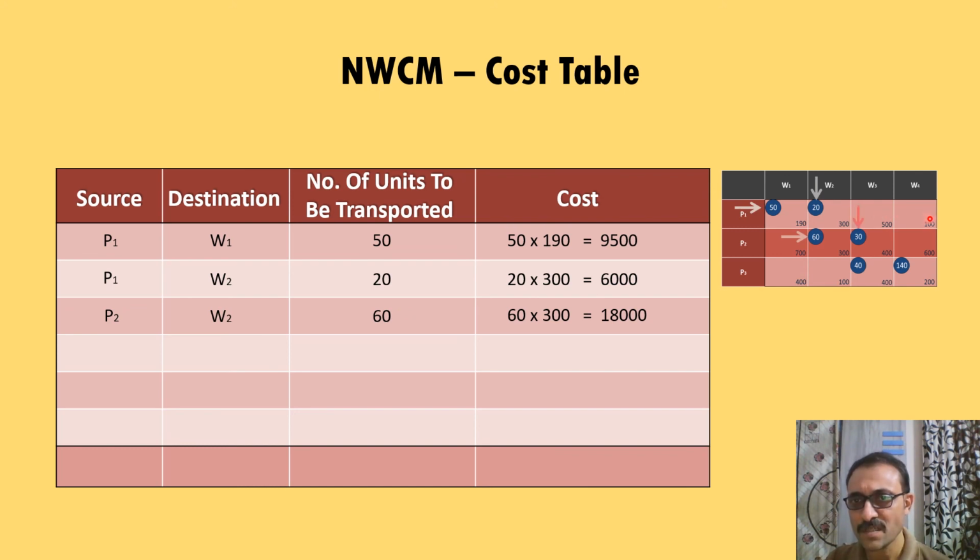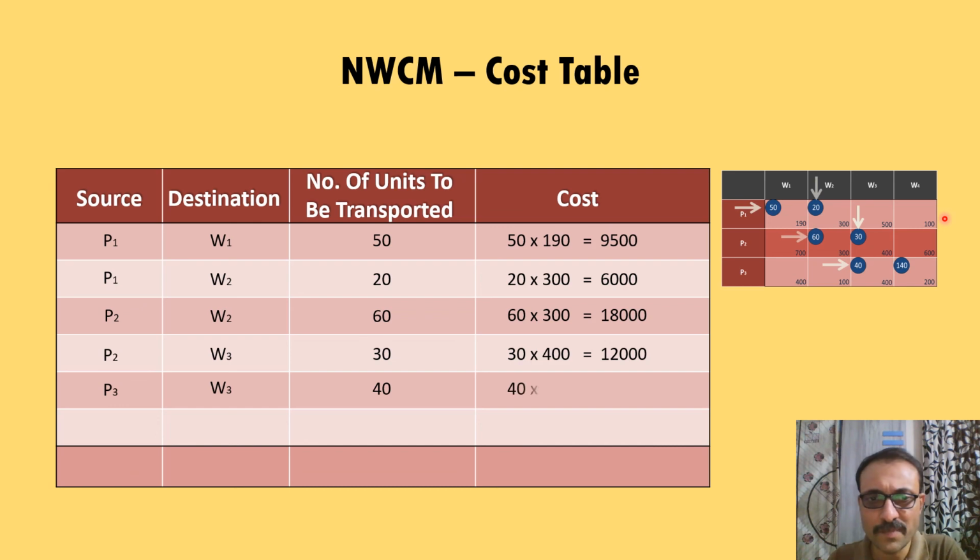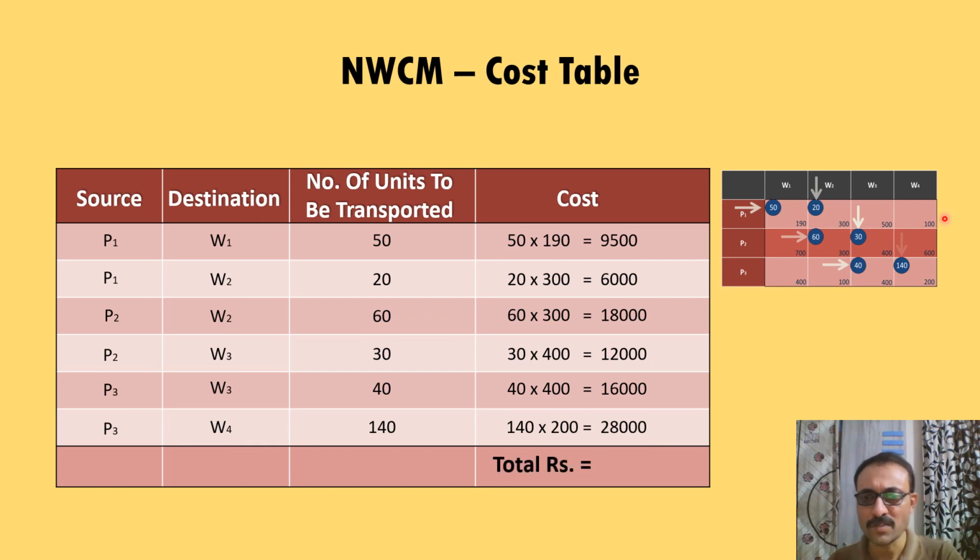The next was P2W3, which is 30 units at 400 apiece, 12,000 is the total. Next was P3W3, which is 40 units at 400 apiece, so 16,000. And the last was P3W4, which is 140 units at 200 apiece, which is 28,000.